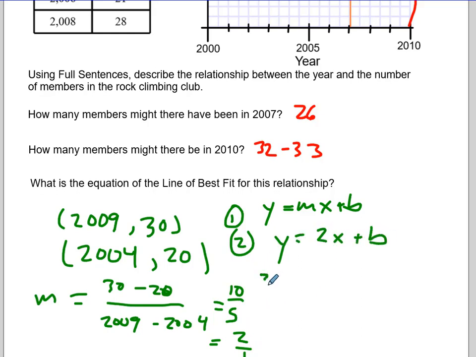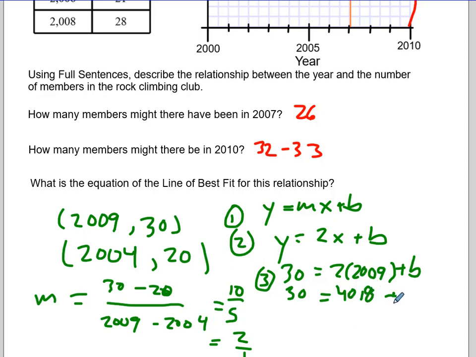Okay, if I substitute in my point, pick either one of these, it doesn't matter which one, but you do have to put the information in the right spots. And here's where things will start to fall apart. So now you have 30 equals 2 times 2009. So right away you could see this is going to be something silly. 4018 plus b.